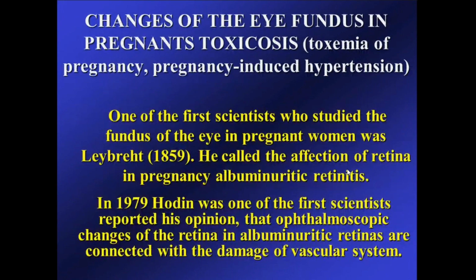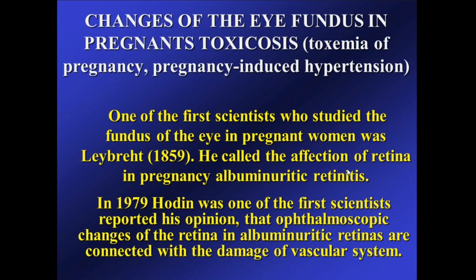And at the end of the lecture, we should discuss changes of the eye fundus in pregnancy toxicosis. In other literature, you can see the name of this disease as toxemia of pregnancy, or pregnancy-induced hypertension. Pregnancy-induced hypertension is seen more often in English literature.